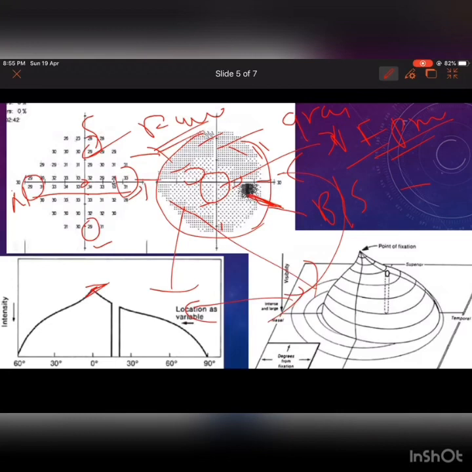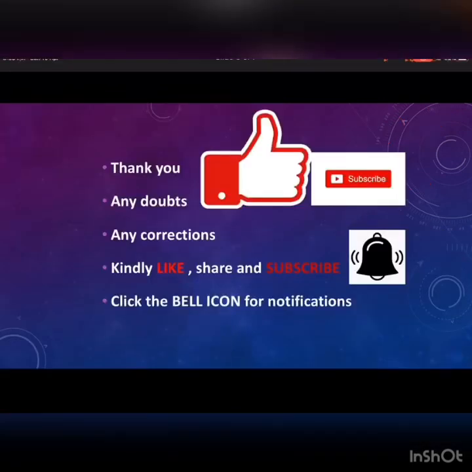Pattern standard deviation is different from pattern deviation, then corrected pattern standard deviation. Everything will come one by one in the next class. If you understand all these basic things, it's very easy to understand the coming classes.